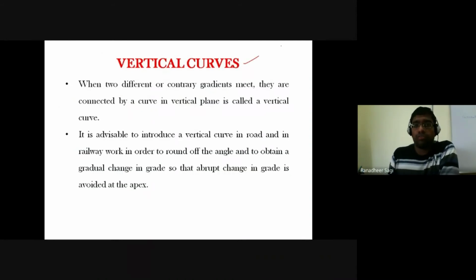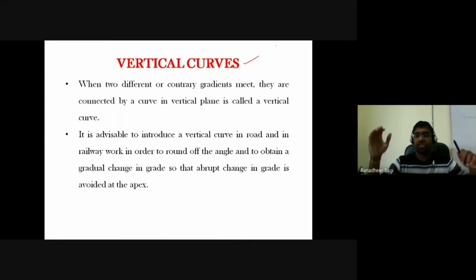Moving on to the next type of curves. Earlier, whatever we have been talking about is all called your horizontal curves. Now, what I am trying to talk about is vertical curves. Okay. So earlier itself, we have discussed what is the use of a vertical curve. We said whenever you want to have a proper change in the gradation of that particular profile of the ground, where the elevations of two different places are different.